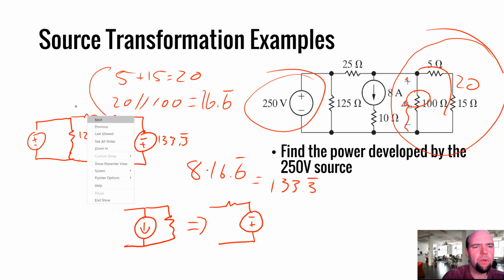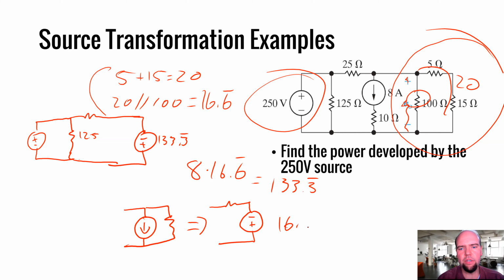I should have shown my math here. 16.6 plus 25 equals 41.6. So this is a 41.6 repeating resistor. And let's do another source transformation.